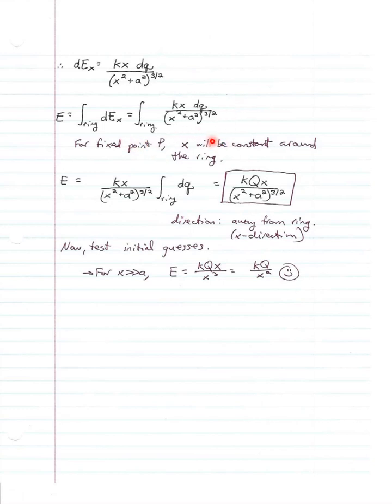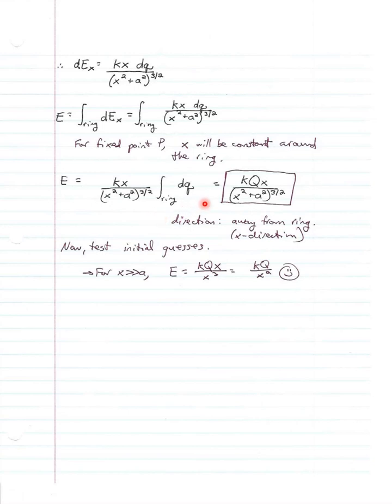This is where we take anything in the integral that's constant and factor it outside of the integral. x is going to be constant for all the different points on the ring. Everything except the dq in this expression gets factored out to the left of the integral. So very conveniently, we have kx over (x squared plus a squared) to the 3/2 power all put to the outside. All we're left with in the integral is the integral over the ring of dq.